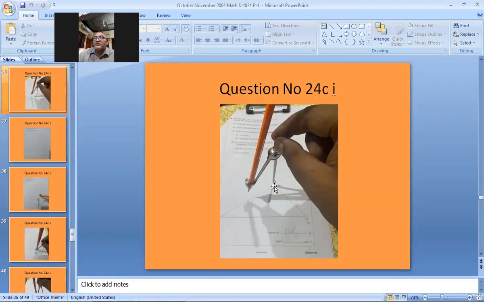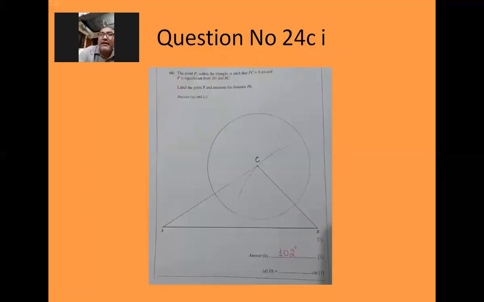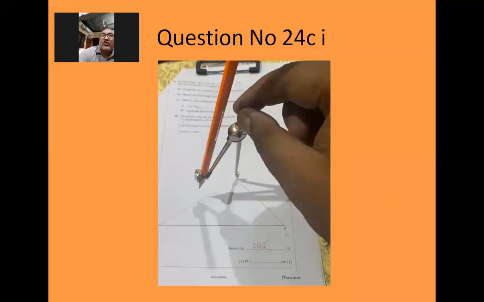You can see I have opened the compass a little bit and placed the pin on C. Sorry, this locus was that your distance remained constant from C, and that was 5 centimeters from C. So around C, I will draw a circle of 5 centimeters.